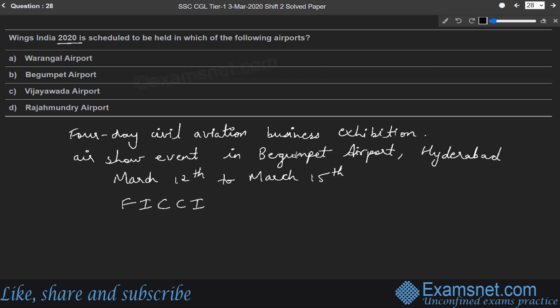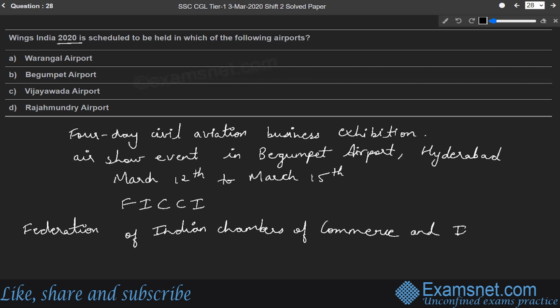What is FICCI? It is Federation of Indian Chambers of Commerce and Industry. Along with this, the event is also organized with the Ministry of Civil Aviation and the Airports Authority of India.